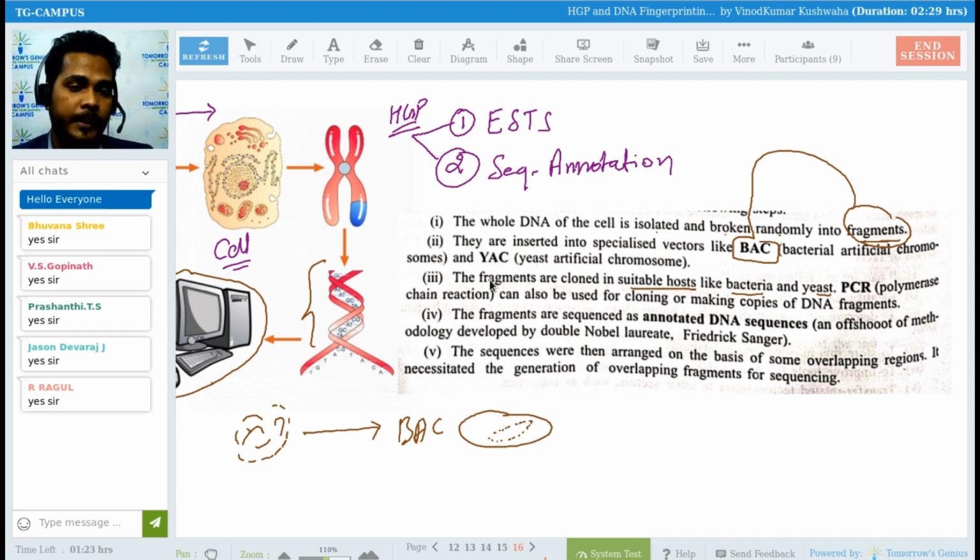We also studied the methodology, what kind of methodology they adopted to create the Human Genome Project, as we just saw. And we also studied the salient features of the Human Genome Project. Clear? Now let's focus on the applications and future challenges of this project.